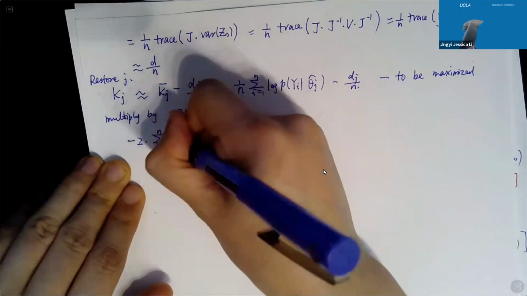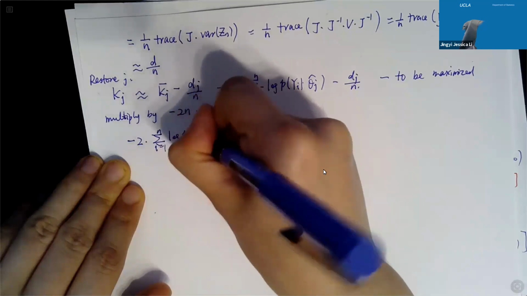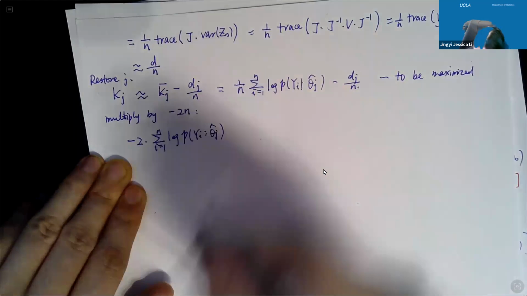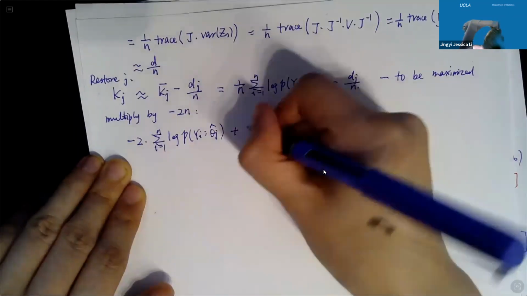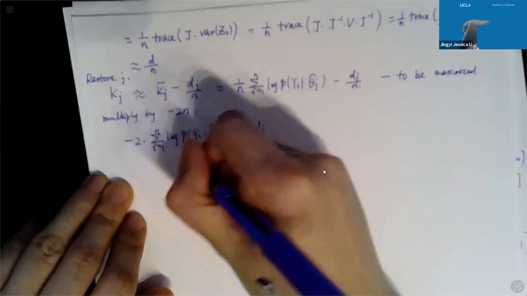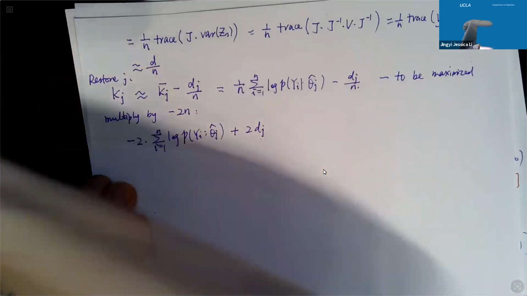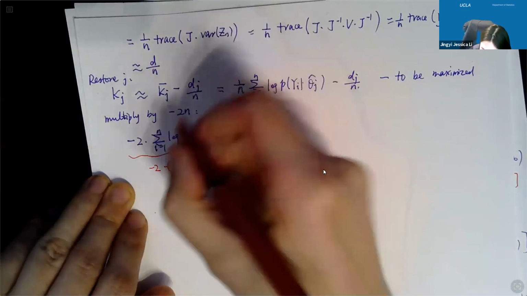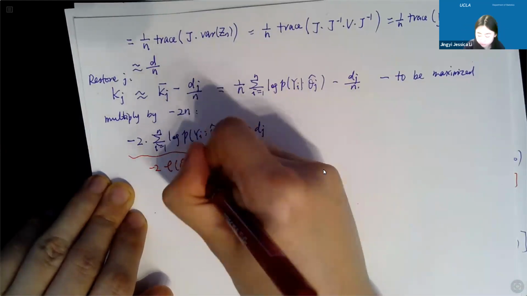summation of log p(yi; theta j hat) plus 2 dj. And this is just equal to negative 2 times the log likelihood at theta j hat, plus 2 dj.